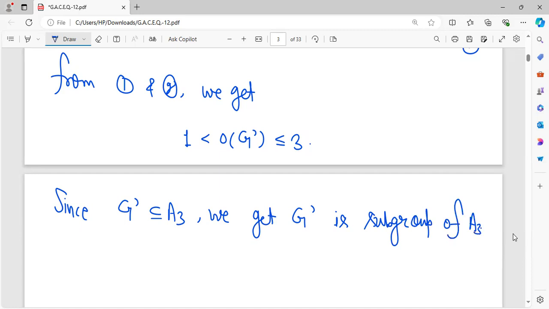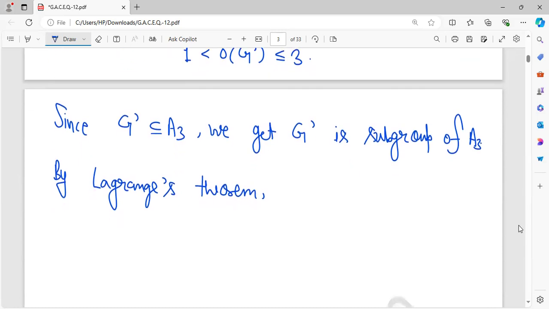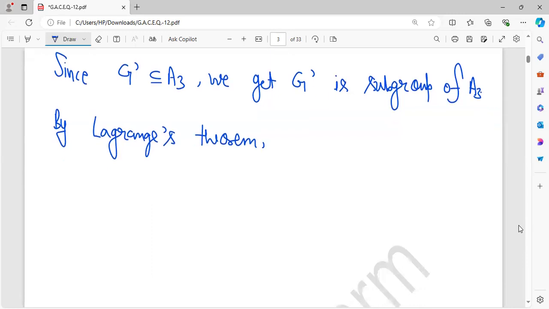By Lagrange's theorem, if G is a finite group, then the order of any subgroup divides the order of the group. So the order of G dash divides the order of A3.